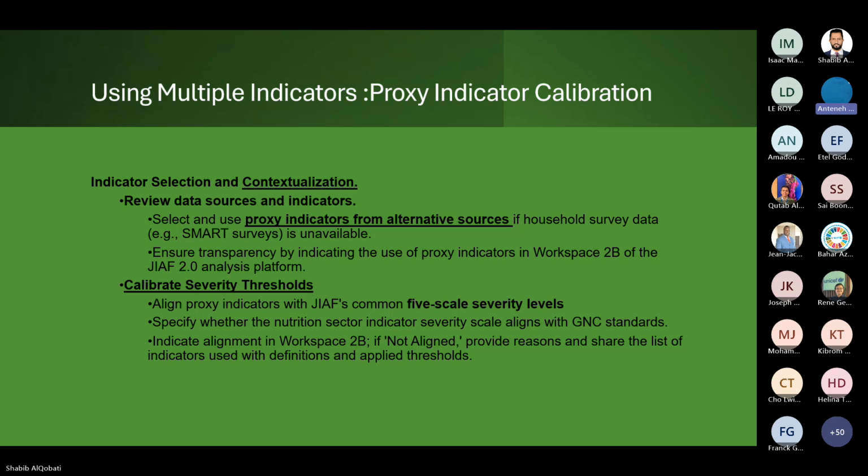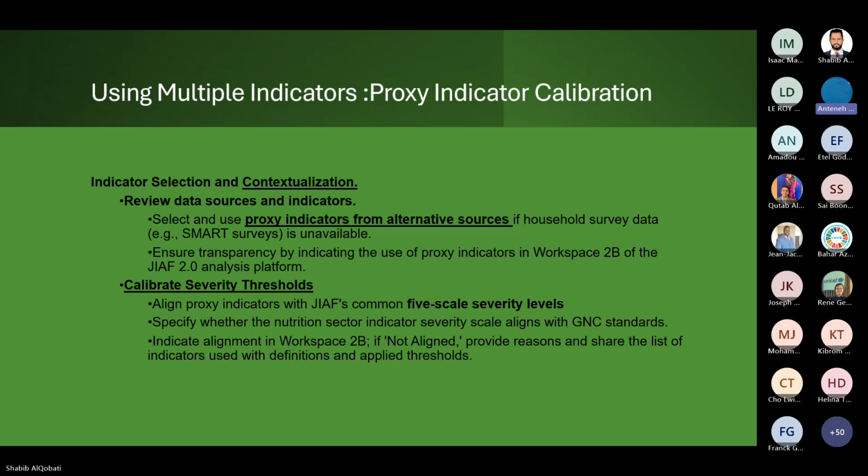This is clearly allowed and recommended in the GF protocol. So first you look at whether or not you have data from standard indicators, standard data sources such as household surveys like SMART surveys. If you don't, then you can select a proxy indicator, as I said earlier, from alternative sources.